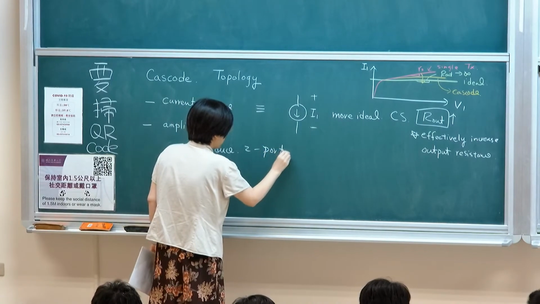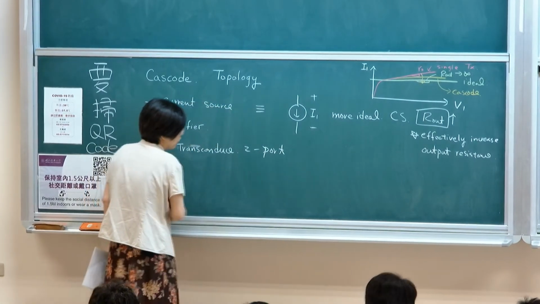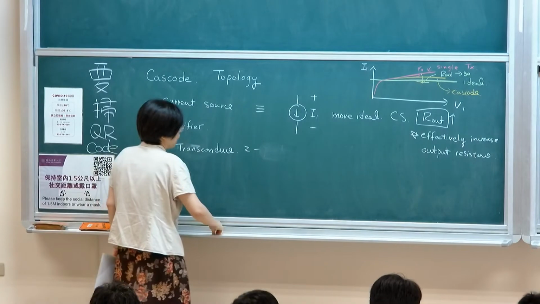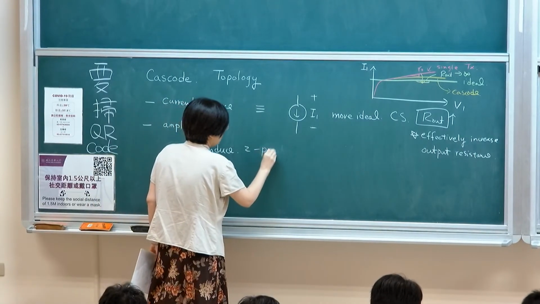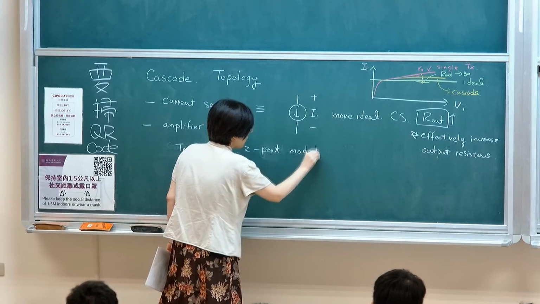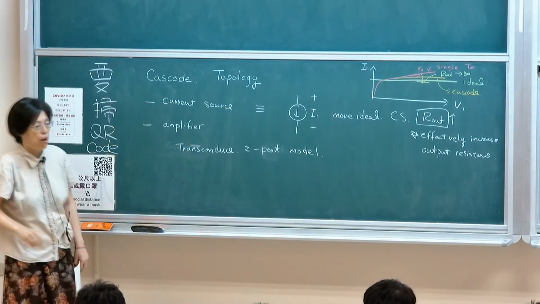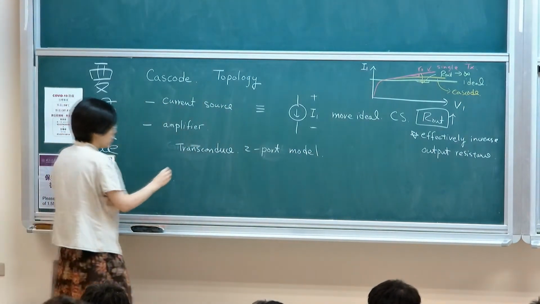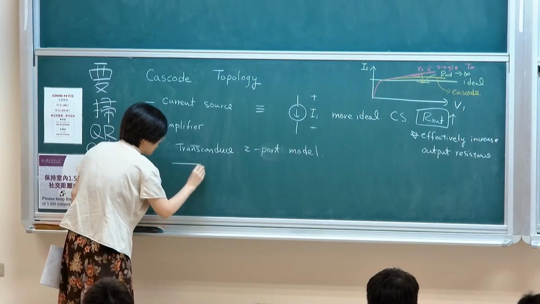If I try to model my circuit as an amplifier using a transconductance two-port model, typically we use the voltage amplifier two-port model. You can use the transconductance two-port model instead. It will look something more like this.